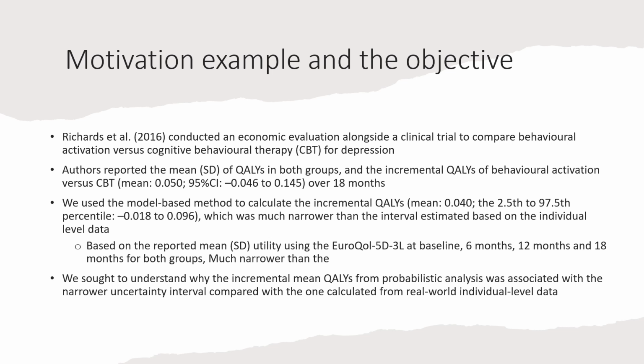We calculated QALY using the area under the longitudinal utility curve reported and incremental QALY from the probabilistic analysis. We found that the uncertainty interval of incremental QALY in our probabilistic analysis was much narrower than that reported in the clinical trial. We sought to understand why the incremental mean QALY from probabilistic analysis were associated with the narrower uncertainty interval compared with the one calculated from real-world individual-level data.